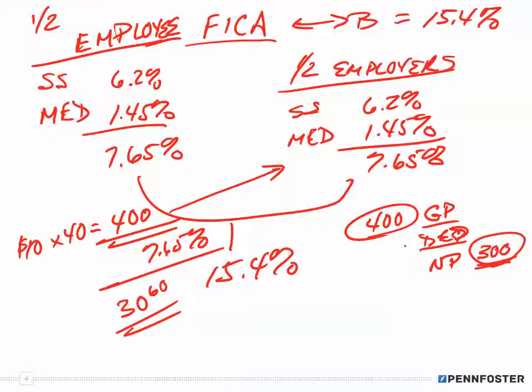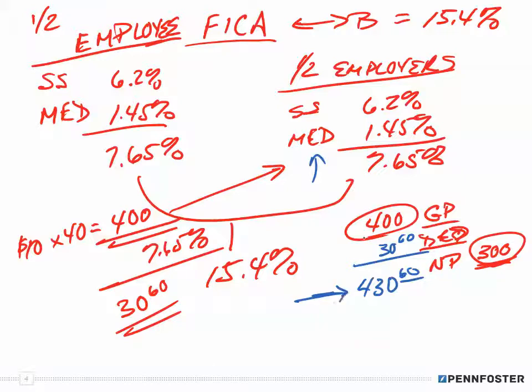But the reality is that they're being paid the $400 in gross pay, but the employer is paying an additional $30.60 towards their Social Security and their Medicare. So in reality, they get paid $430.60, not $400. That's from the business's perspective.